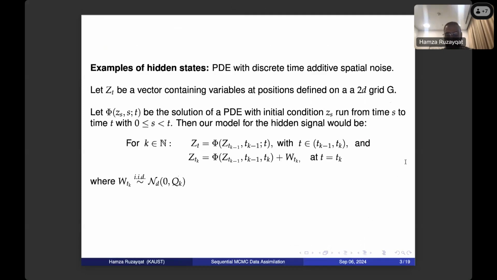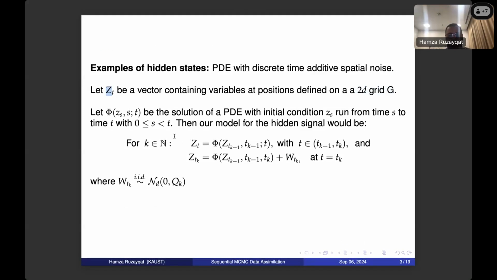As an example of a hidden state, consider the following. It's a PDE with discrete time additive spatial noise. Consider a 2D grid G. Then Z_t will be a vector containing the variables at positions defined in this grid.